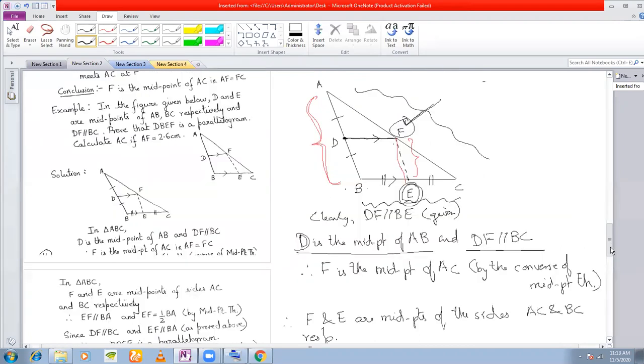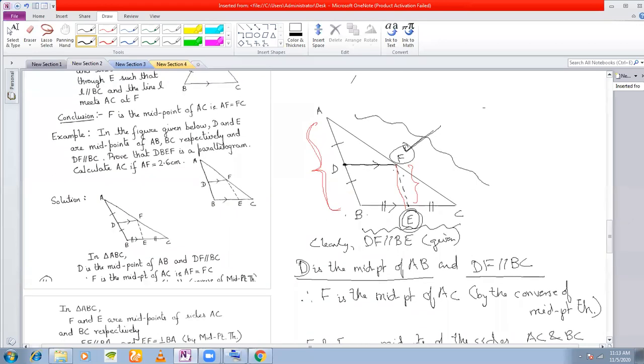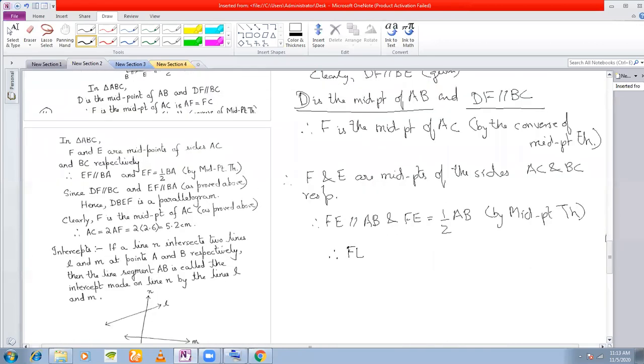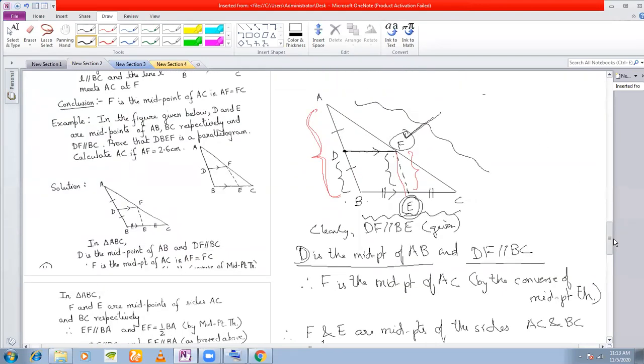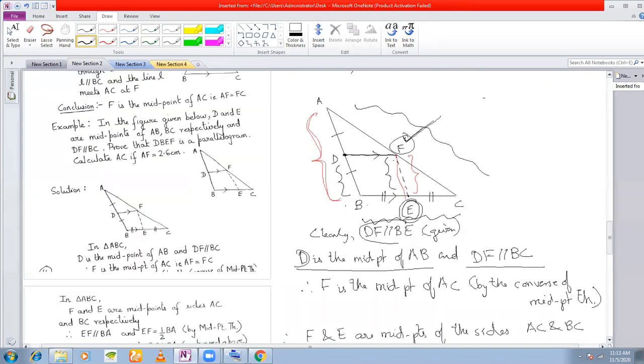So we have shown that FE is parallel to DB. In the quadrilateral DBEF, these two sides are parallel: DF is parallel to BE.